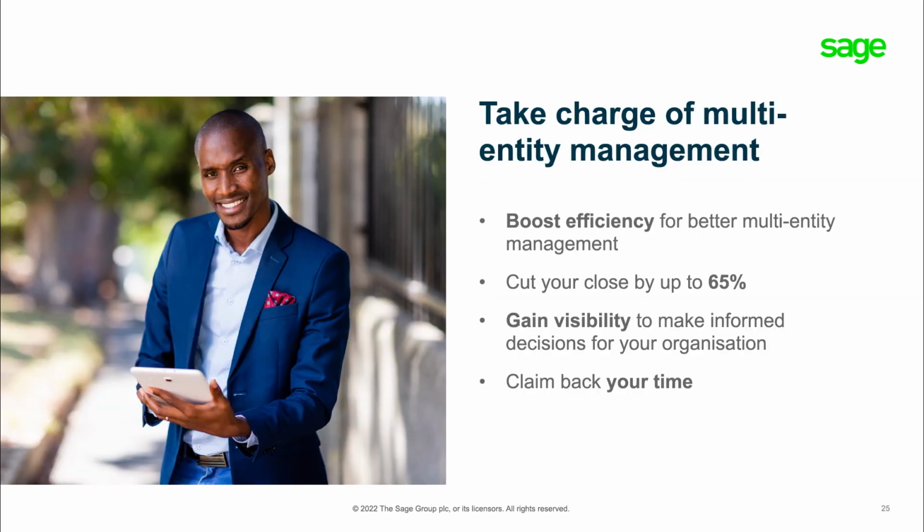We've seen how two multi-entity companies use cloud financial management to boost their efficiency even as they grew in accounting complexity and got the information needed to support strategic business decisions, boost efficiency for better multi-entity management, gain visibility to make informed decisions for your organization.